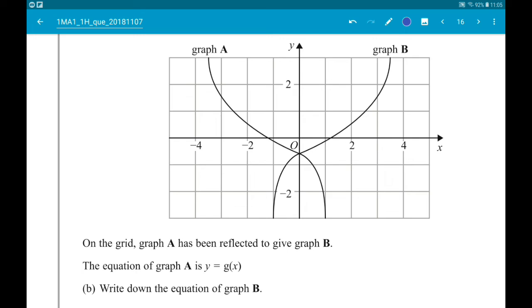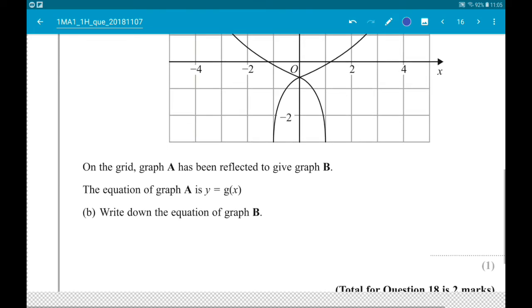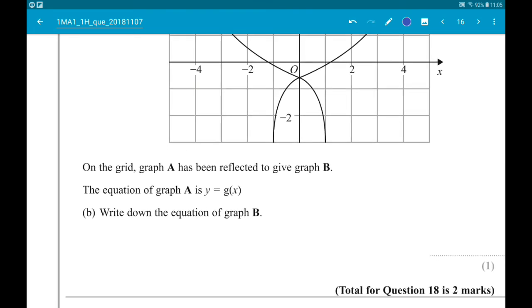So graph A has been reflected through the y-axis. Now the transformation that does that is that the x becomes minus x. So graph B is y is equal to g of minus x.